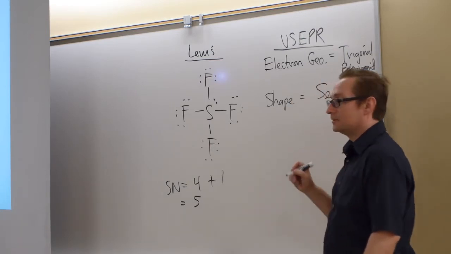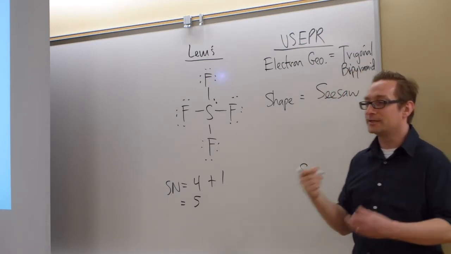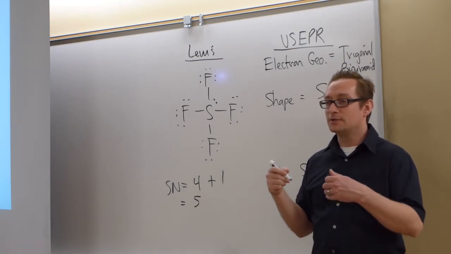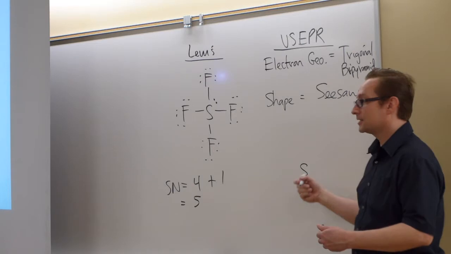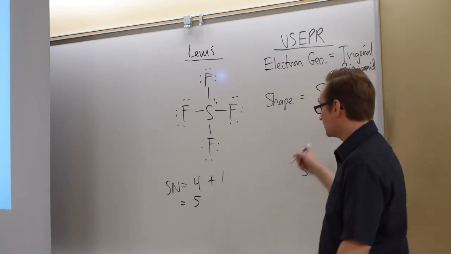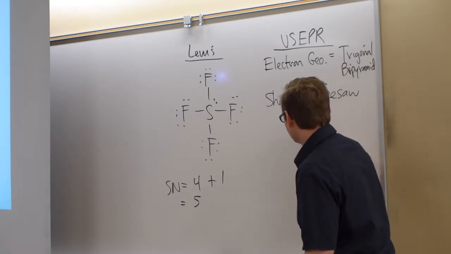Well, here's what I want you to take away from VSEPR. We have 5 generic shapes for the electron geometries. Those are on your table. You don't need to memorize how to draw a seesaw shape if you know how to draw the generic trigonal bipyramid. So let's start with drawing a trigonal bipyramid, and we'll go from there.